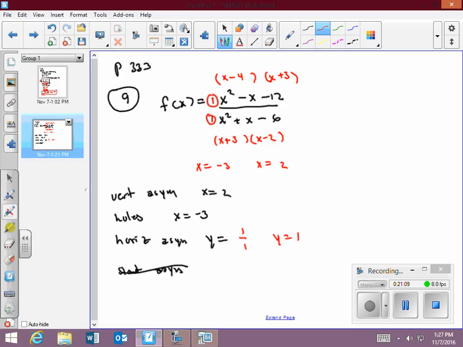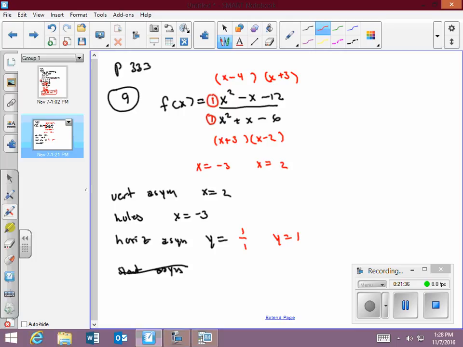If the degree of the numerator were less than the degree of the denominator, the horizontal asymptote would be y equals 0. If they're equal in degree, then it's the ratio of the numerical coefficients, like this.